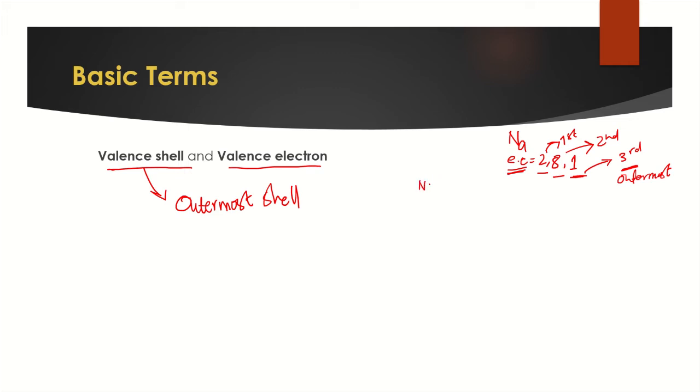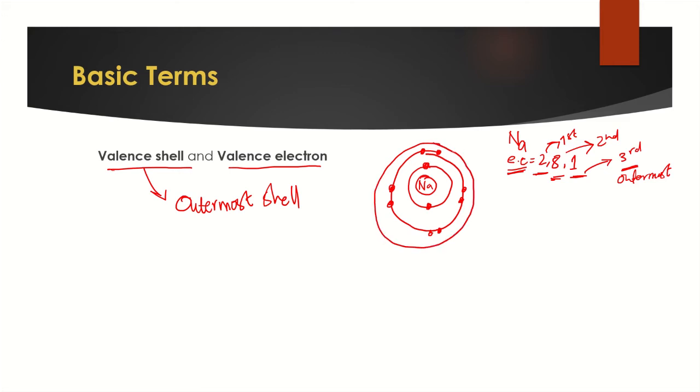If I just represent this in the atomic structure, let us assume we have the sodium nucleus in the center, and we'll draw the first shell which contains 2 electrons. The dot will represent the electron. Now let me draw the second shell. The second shell will contain 8 electrons, so there I have drawn 8 dots. And the final shell, or the outermost shell, contains 1 electron.